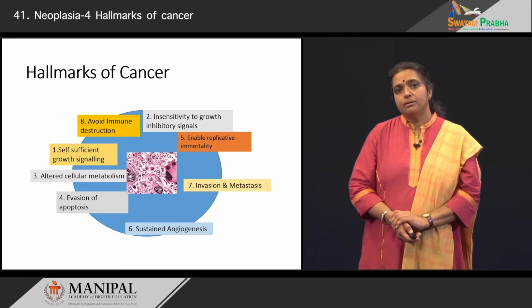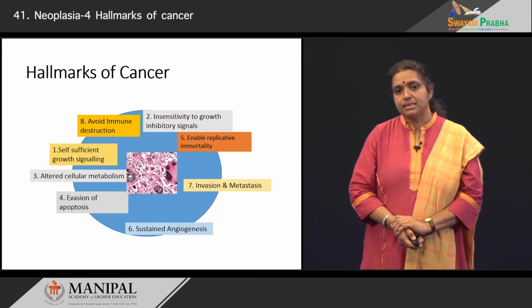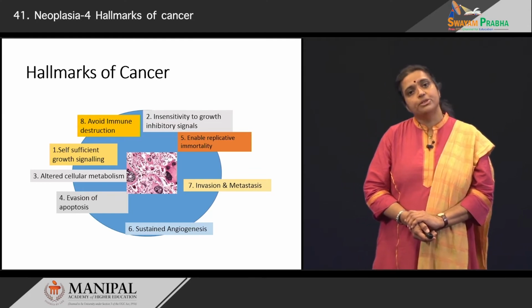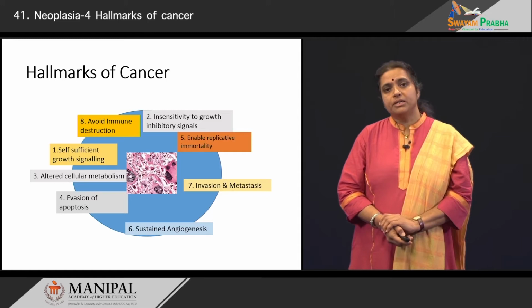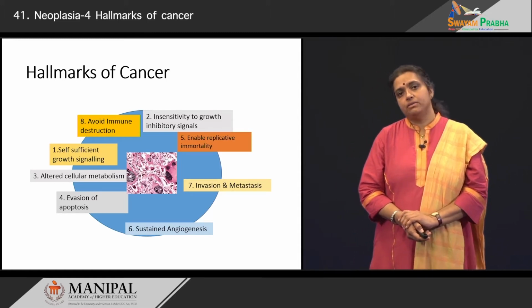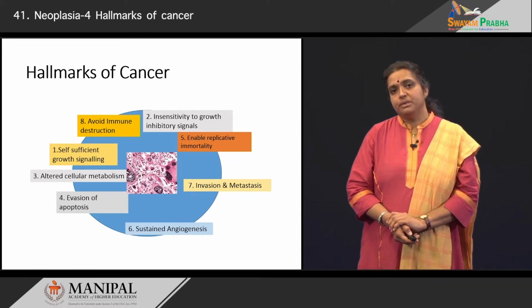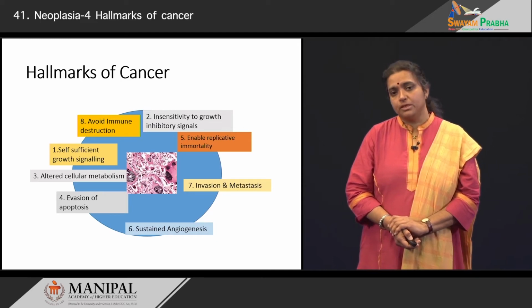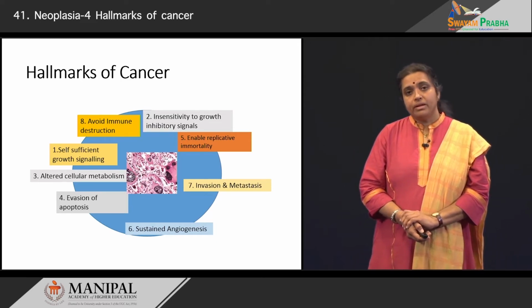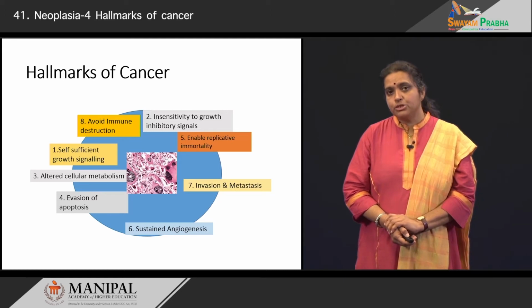The third important aspect of a cancer cell is an altered cellular metabolism. The cancer cell metabolism is not like a normal cellular metabolism, it's a completely different cellular metabolism. They evade apoptosis, they are resistant to cell death.